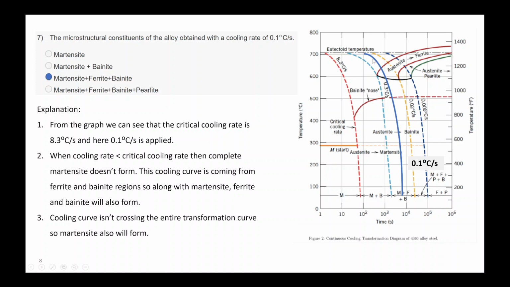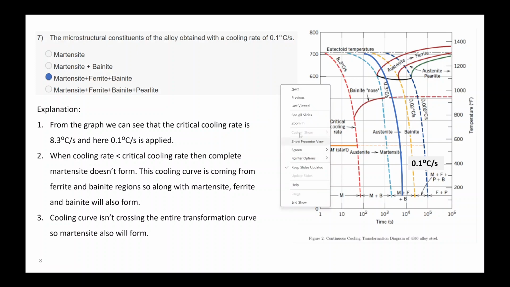We can see that this curve is going through austenite to ferrite transformation, but it is not going up to the finish line. So there will be some ferrite formation here, and then the remaining austenite will be quenched, forming martensite. Also it is going through the bainite initial line as well. So there will be formation of martensite, ferrite and bainite.